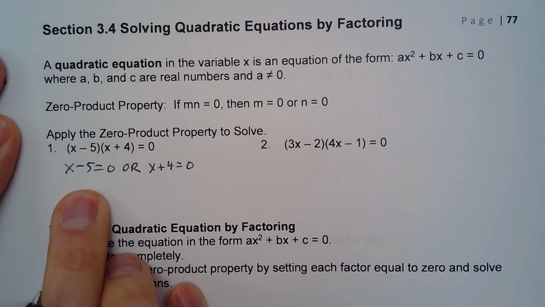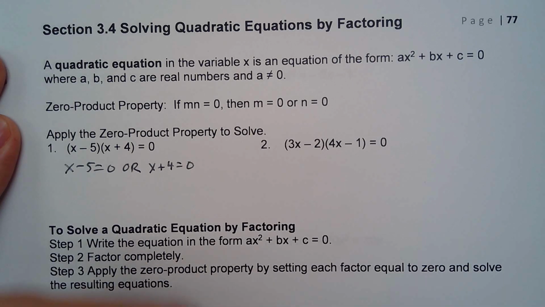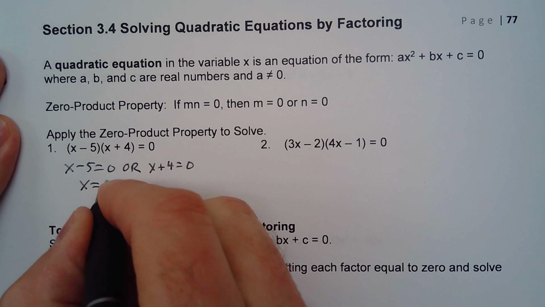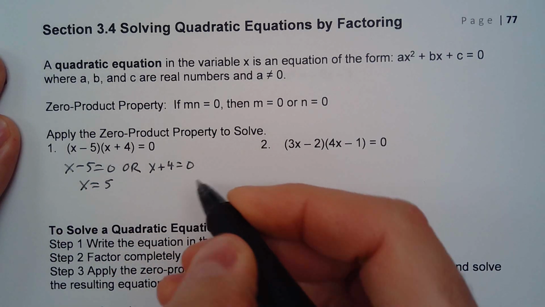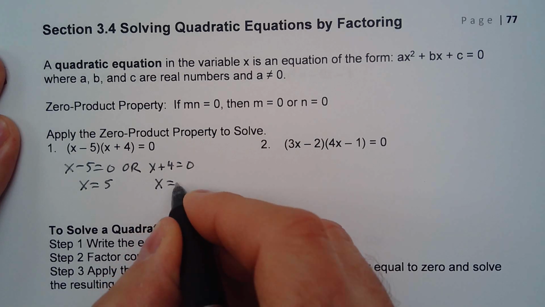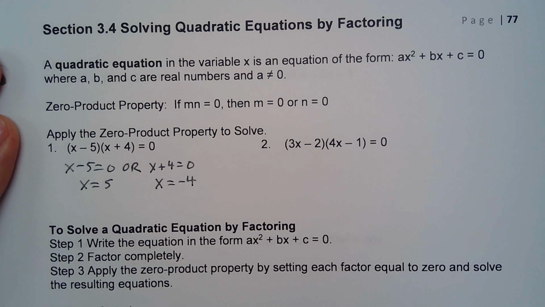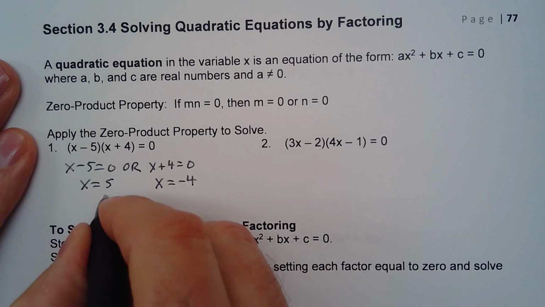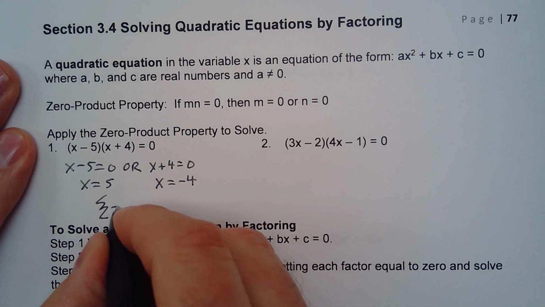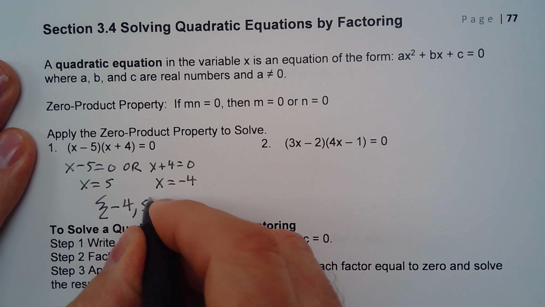Well, to solve this first one, I would just add 5 to both sides. To solve the second one, I would subtract 4 from both sides. So that gives me two answers: negative 4 and 5.